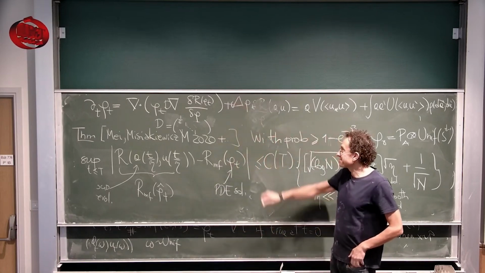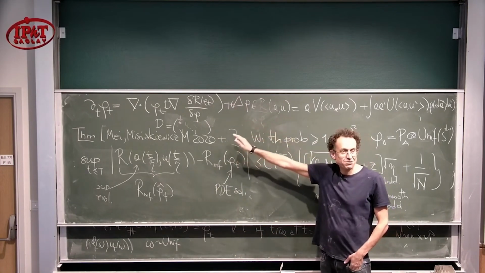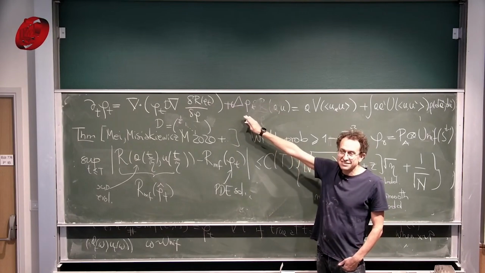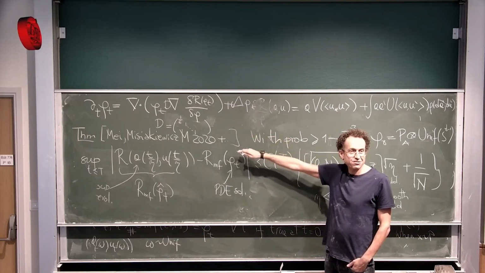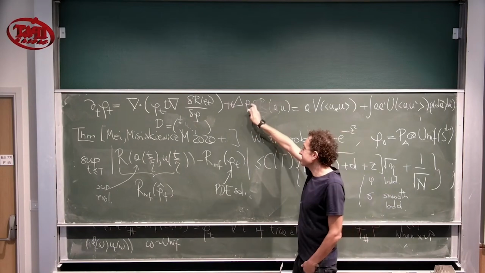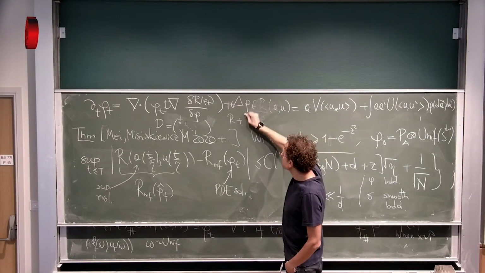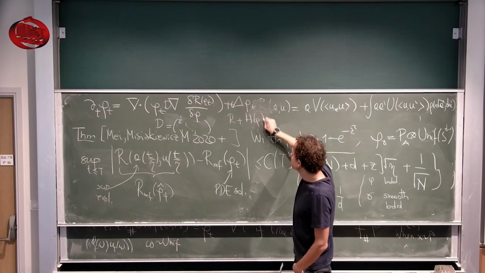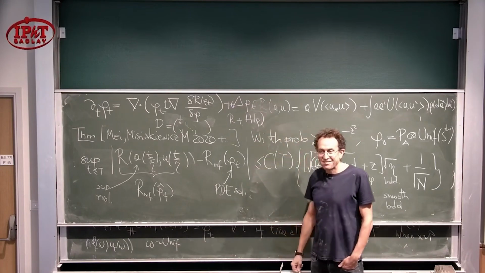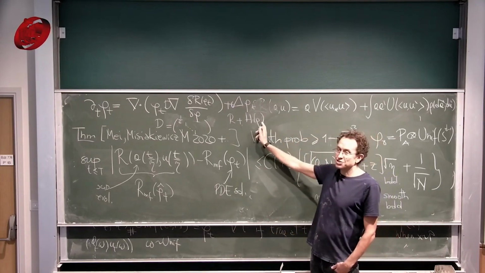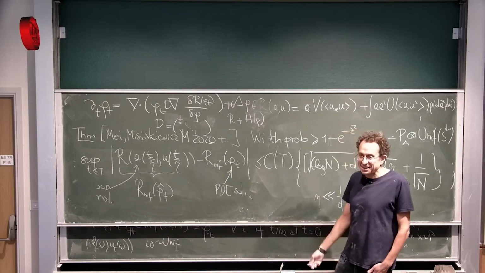By the way, an interesting fact is that this is also a gradient flow, and the interesting thing is that it is the gradient flow with respect to R plus the entropy, which is very natural.